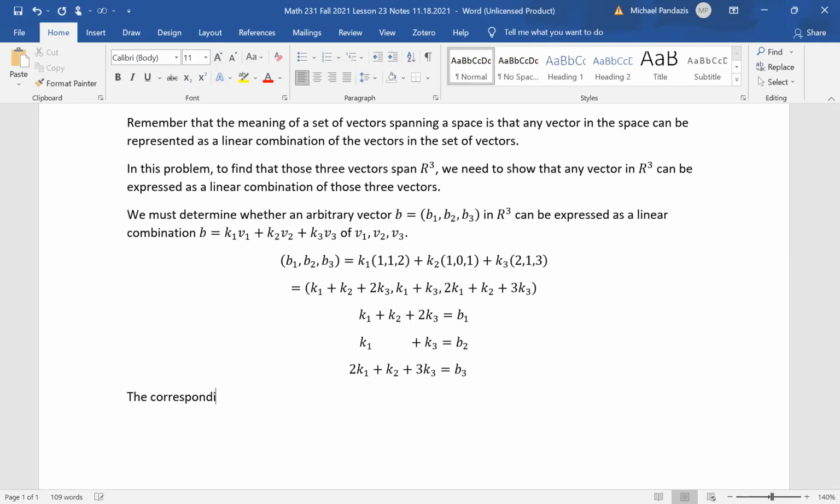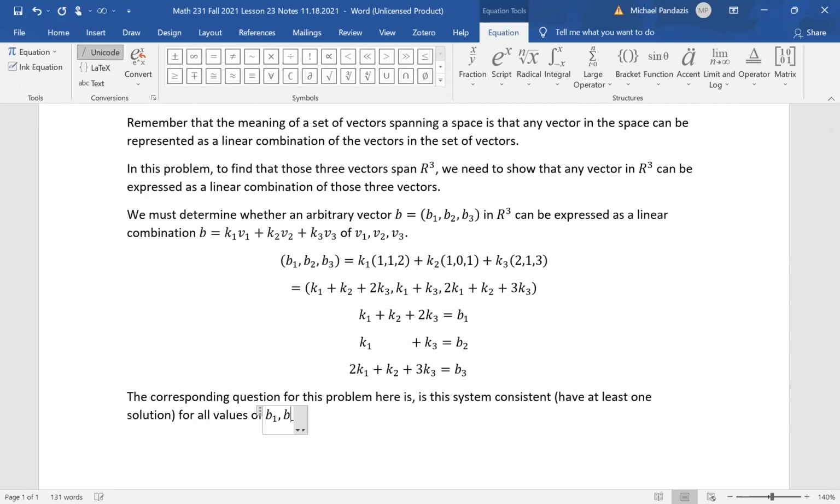So the corresponding question for this problem is: is this system consistent, having at least 1 solution, for all values of B1, B2, and B3?